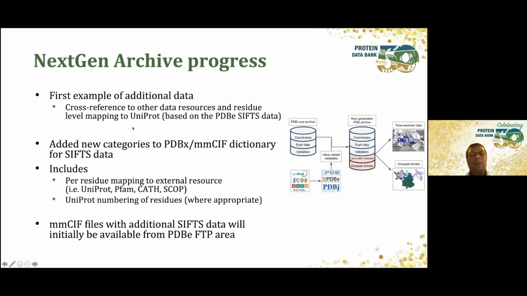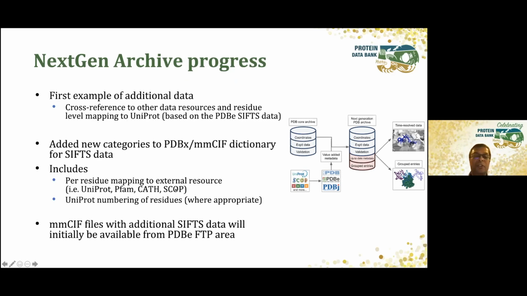So one of the first examples of this is to add SIFTS data into this next-gen archive and create the necessary data standards for it. So we've worked together, RCSB and PDBe, to create the necessary categories in mmCIF to represent this SIFTS data.